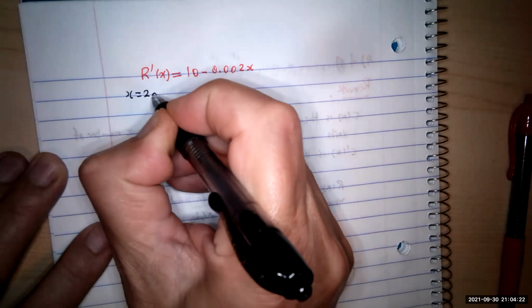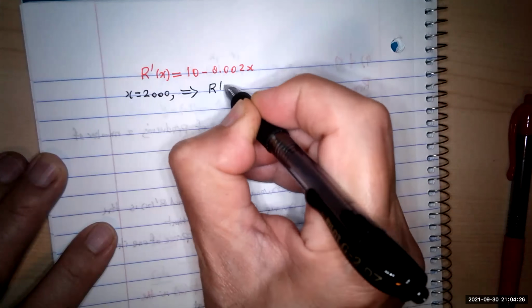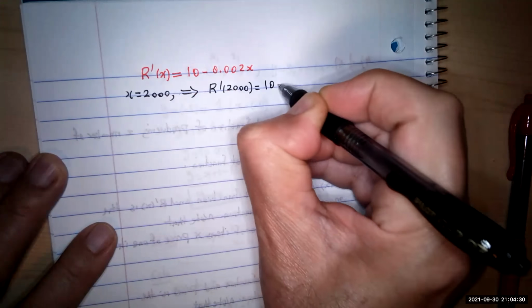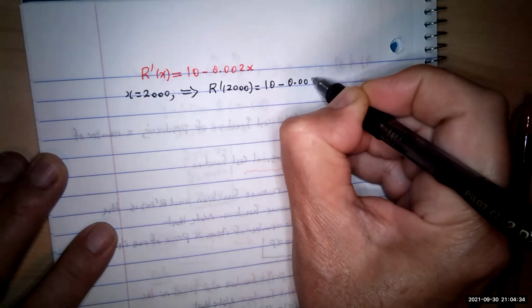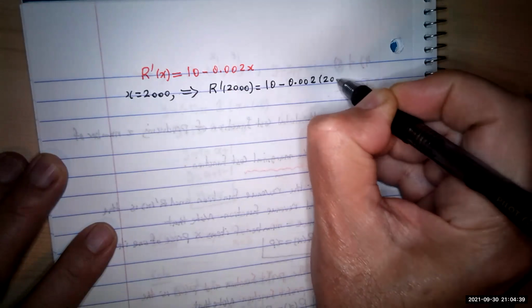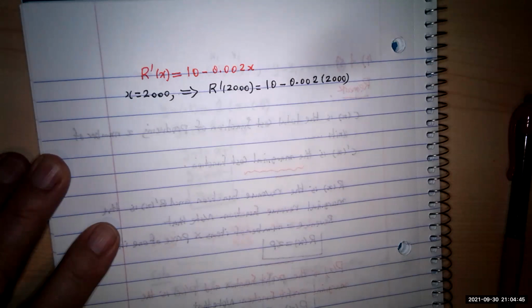We get x equal to 2,000. So R prime of 2000 is going to be 10 minus 0.002 times 2000.